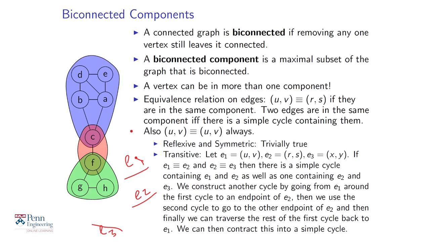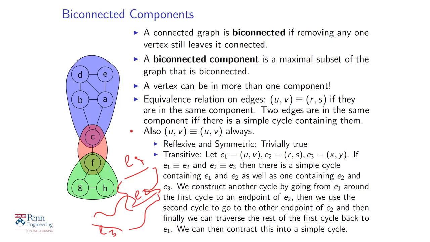Because E1 is in relation with E2, there's a simple cycle that contains both E1 and E2. So that cycle might look something like this. And then there's another simple cycle that contains E2 and E3. That cycle might look something like this. And therefore, you can see a cycle that contains both E1 and E3 right here in this picture.